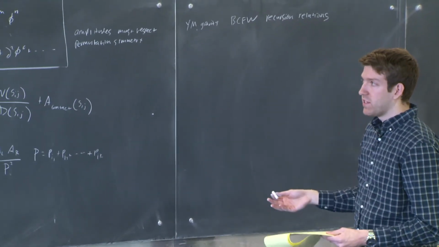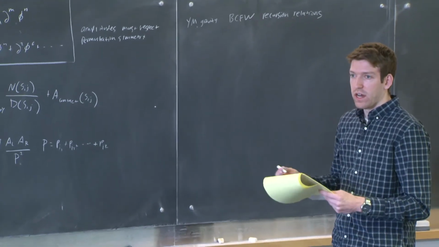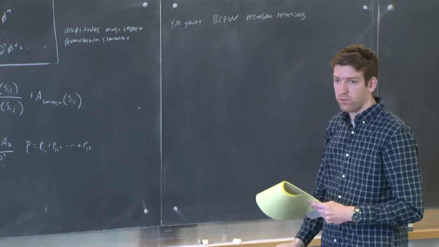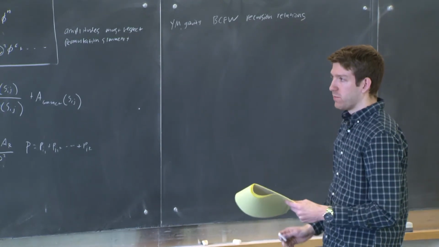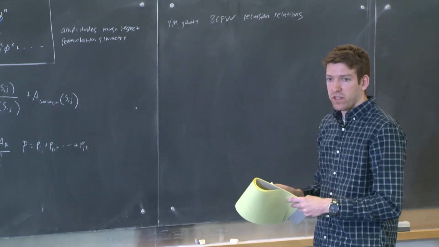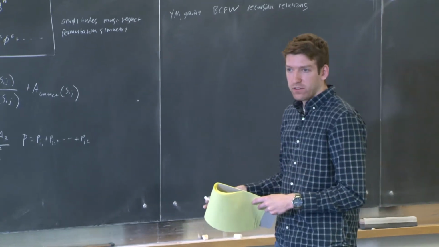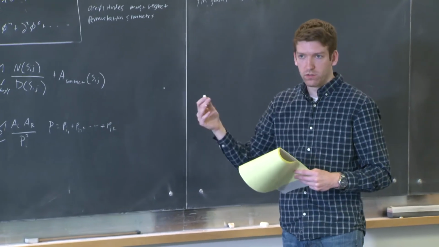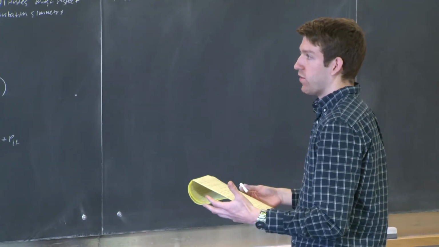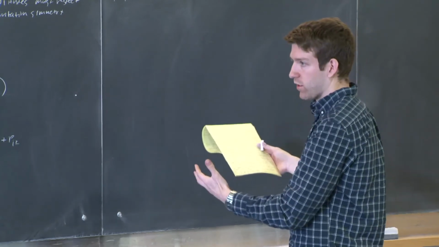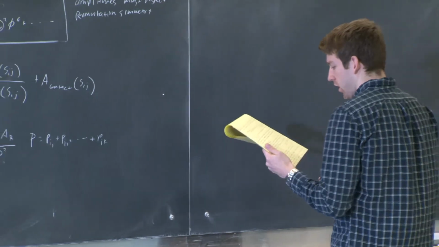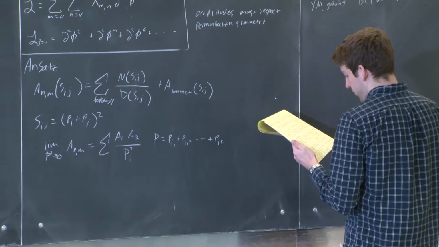Unfortunately, for our scalar EFTs, there's no analog of gauge invariance, so the BCFW shift doesn't work, because it's not a gauge invariance that we expect to be constraining them. What we expect to be constraining them is their infrared dynamics. So it's this generalized Adler zero that we want to impose on the amplitudes. For that, we're going to need a new way of doing on-shell recursion, which the authors here have called soft recursion. So let me introduce that briefly.